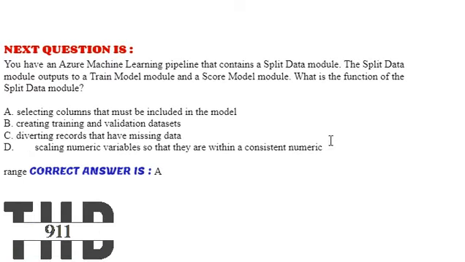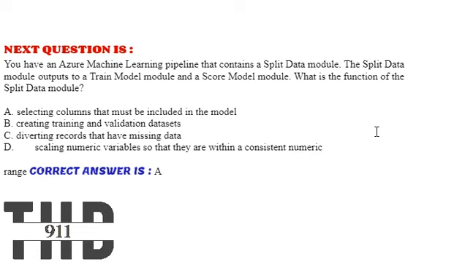Our next question. You have an Azure machine learning pipeline that contains a split data module. A split data module inputs into a train model module and a score model module. What is the function of the split data module? Option A, selecting columns that must be included in the model.